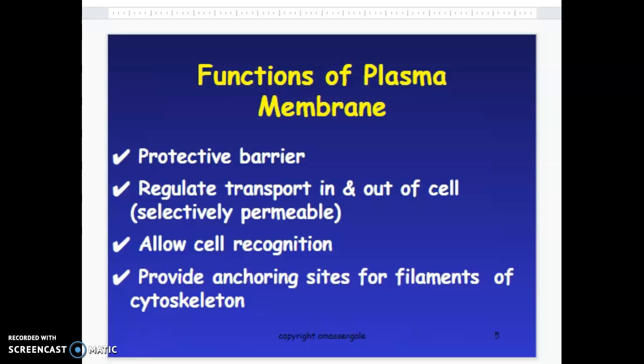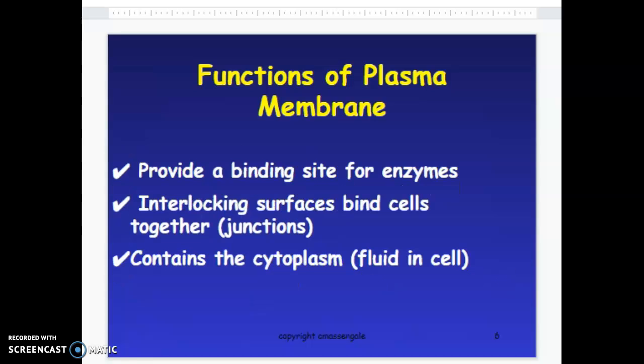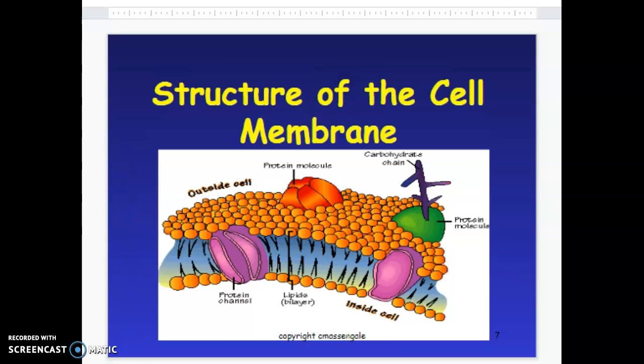And they provide sites for the filaments of the cytoskeleton, which keeps the structure of your cell. They're also binding sites for enzymes, and we remember that enzymes are a type of protein that speed up chemical reactions. They have different binding sites, and inside they contain the cytoplasm for your cell.